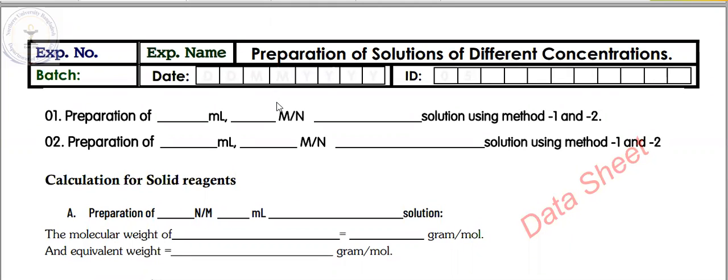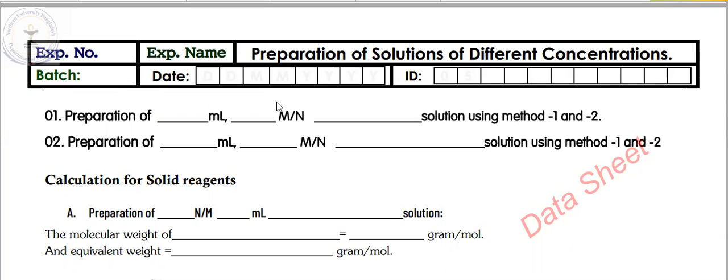In today's lecture, I am going to demonstrate how you can fill up your data sheet. This data sheet is meant for physical pharmacy 1 lab. Before submitting your final laboratory notebook, you have to complete a data sheet for each and every practical.